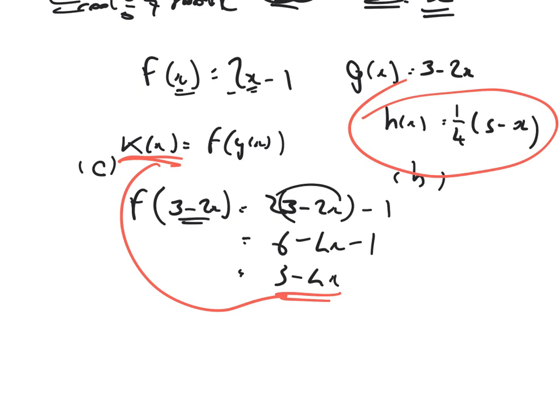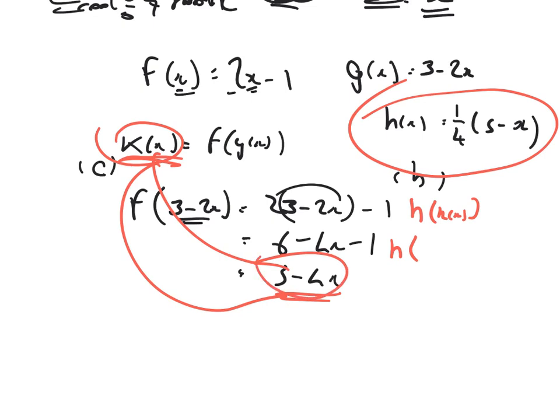So I'm looking for h of k of x. Okay, so that's h of 5 minus 4x. Okay, the h function then tells me whatever's in the bracket goes into a bracket with 5 minus before it.